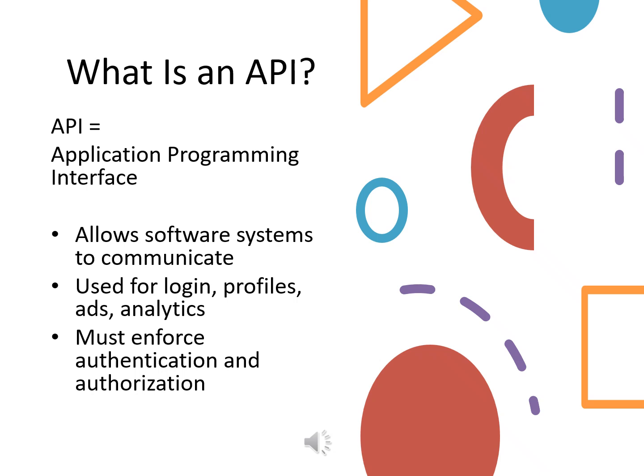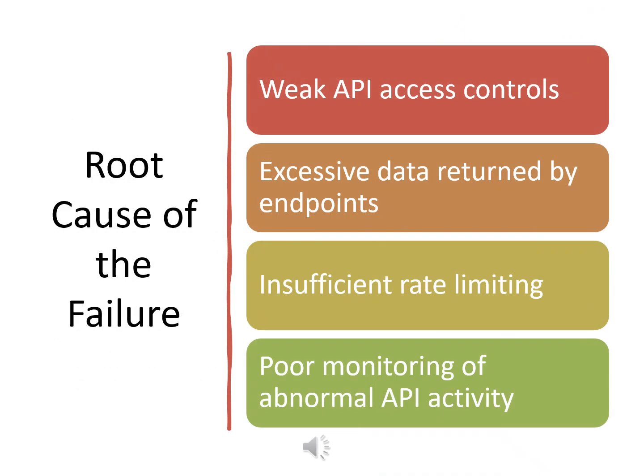Because APIs often handle large amounts of sensitive data, they must strictly enforce authentication, which verifies who is making the request, and authorization, which determines what data the requester is allowed to access. If APIs are misconfigured or poorly protected, attackers can extract massive amounts of data very quickly, often without triggering immediate alarms.